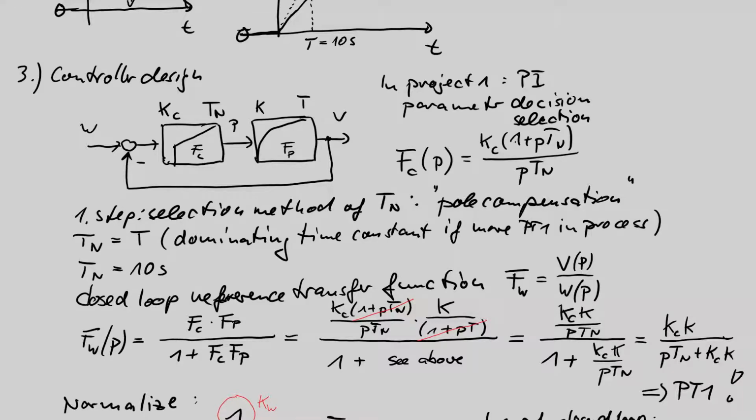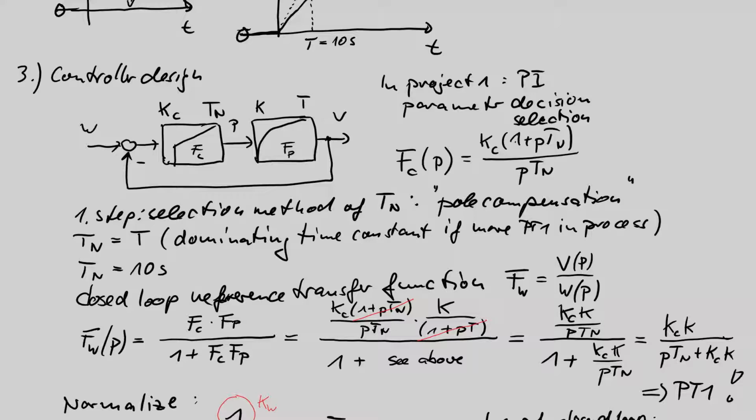In a closed loop system, in any case where the process behaves like a PT1, you select a PI and apply a pole compensation, setting Tn equal to the process time constant. Then you should know the desired value and the controlled value will have the same value after some time.